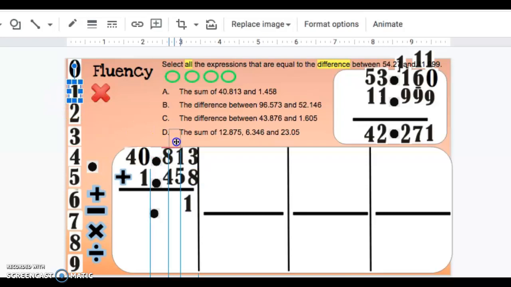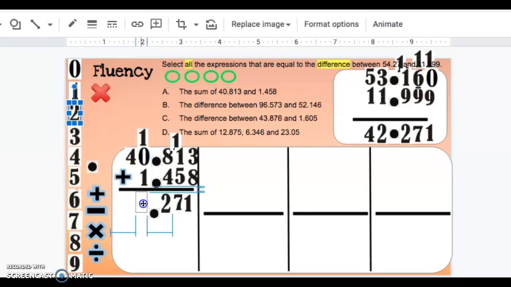So we have 1 plus 5, which is 7. 8 plus 4 is 12. 1 plus 1 is 2. And then the 4 plus a place value of 0 is 4. So we get 42 and 271 thousandths.